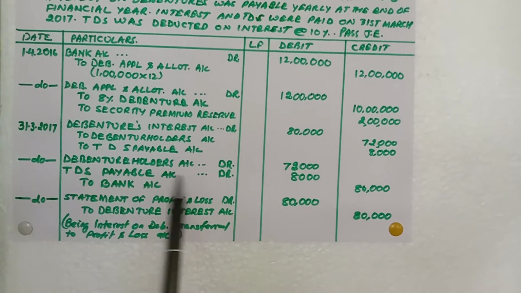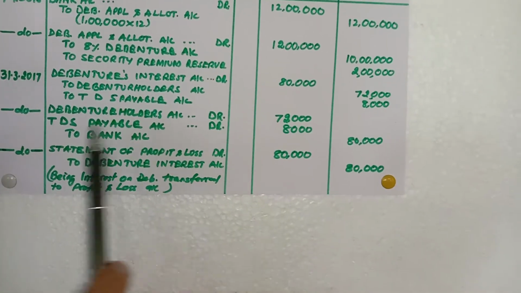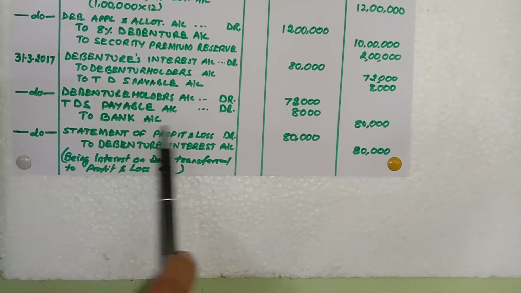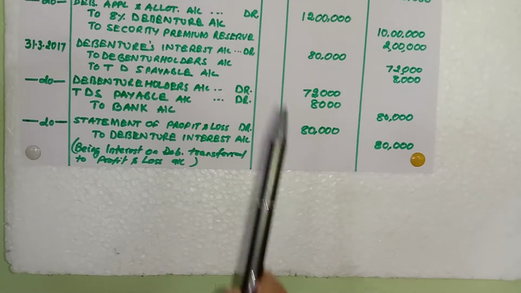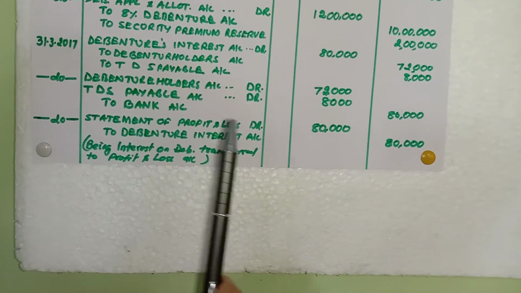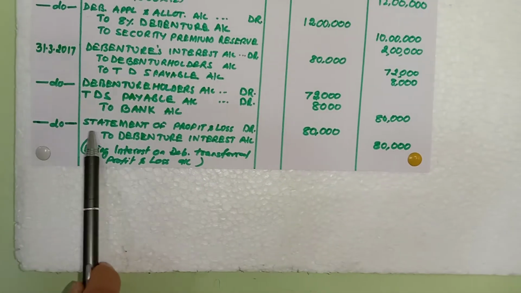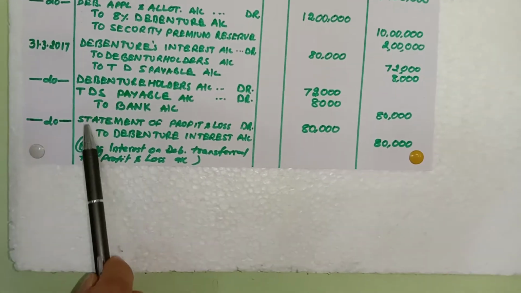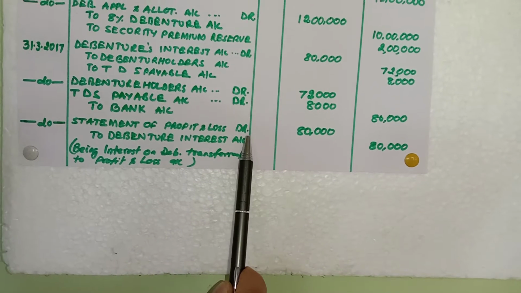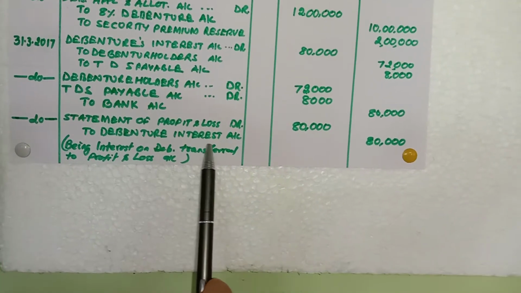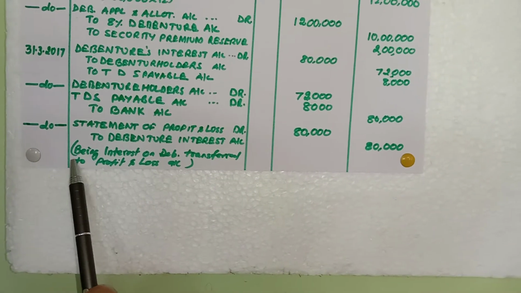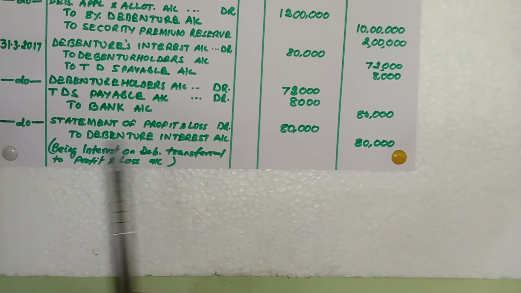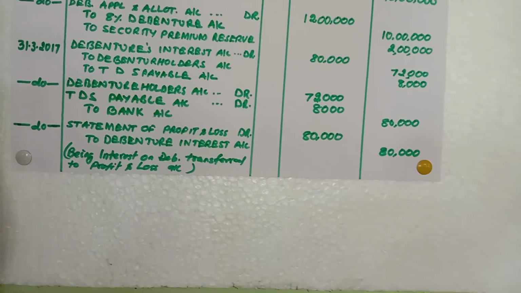So we can write debenture holder account debit, TDS payable account debit to bank account, the amount you can write. Now this interest has to be transferred to profit and loss account. That's why the last entry is written: statement of profit and loss account debit to debenture interest account, total 80,000. So you can write the narration, being interest on debenture transferred to profit and loss account.